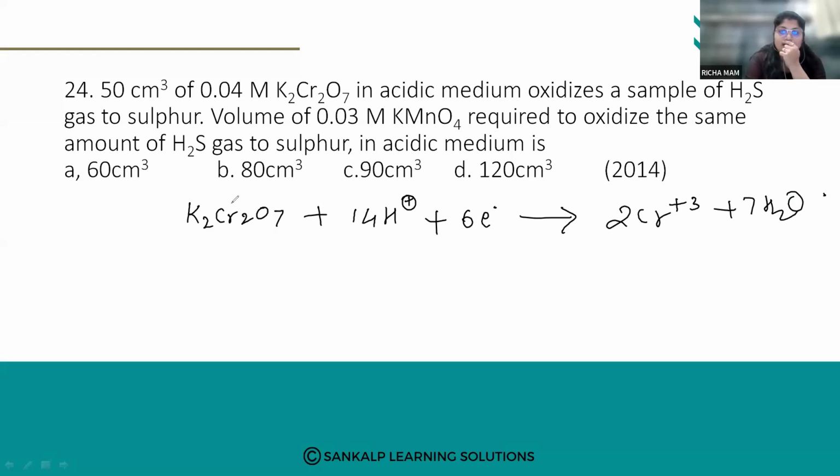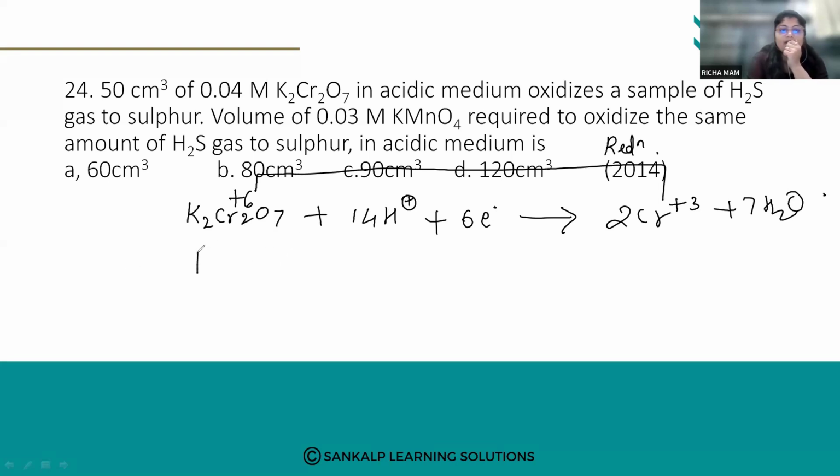Now the Cr is in plus 6 state, and from plus 6 it goes to plus 3. It is undergoing reduction because of the decreasing oxidation number.